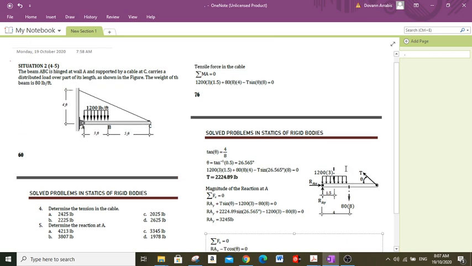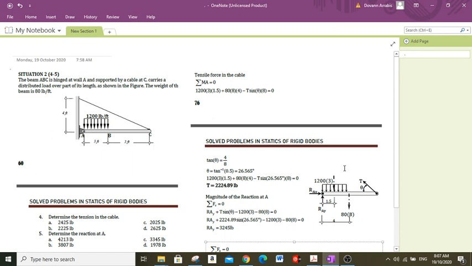Okay, so we will apply the equations of static equilibrium. We will first use the summation of moment at A.